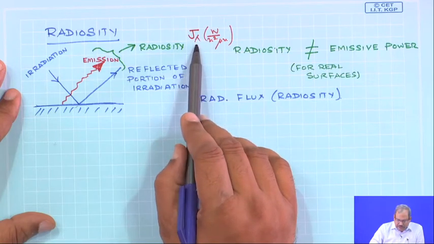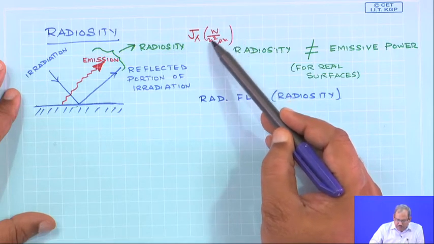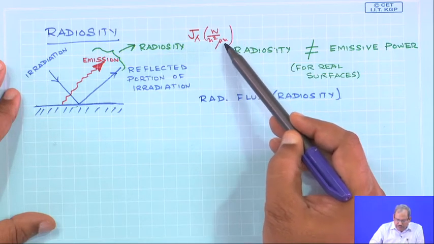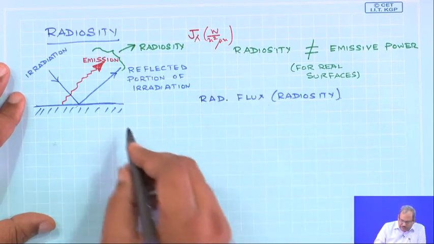Since this lambda denotes the spectral property, it is power per unit area per micron.